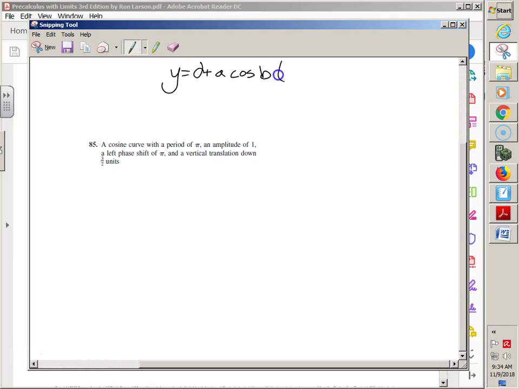Who goes where? A is 1 because of what? Oh, it tells me that. Okay, A is 1. I know it's cosine because they told me cosine. What else? Left phase shift means x plus, because minus goes right, of pi.